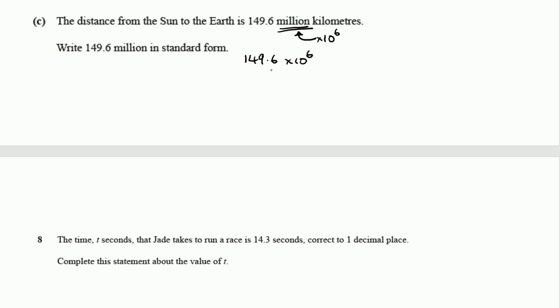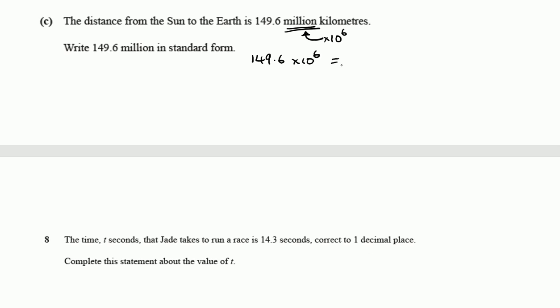Now I actually want to write it in the form 1.496 times 10 to the something, and so I would have to multiply by 10 another 2 times to move that decimal point over the 9 and over the 4. So instead of multiplying by 10 6 times, I'd have to multiply by 10 8 times.